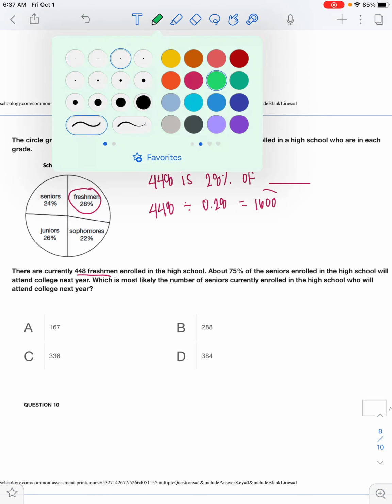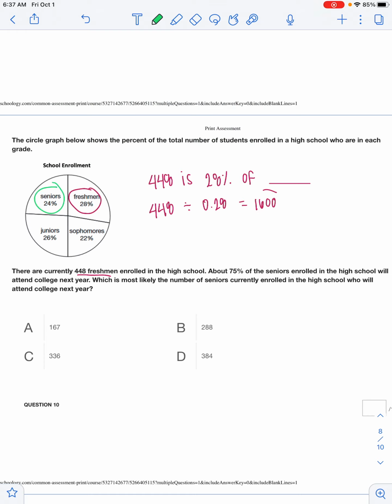And I know that 24% of the school is seniors. So 24% of 1,600 is 1,600 times 0.24. And that gives me a total of 384 seniors. But remember that 75% of those seniors will attend college.